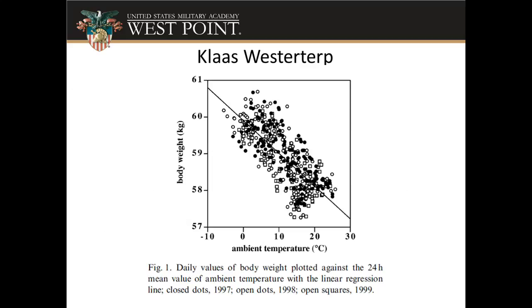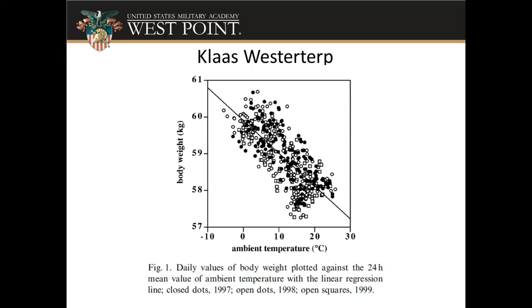Here's another image of 1997, 98, and 99 data, body weight plotted with temperature. And you see over here down to here, it's a nice little regression line, a nice pattern. It's trending down the higher the temperature gets. So again, giving evidence, and this is 3 years of data.